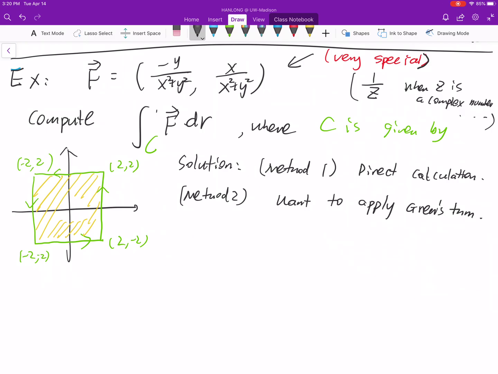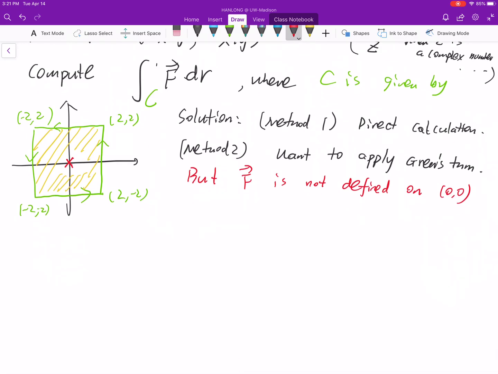But here you need to be very, very careful because the function f is not defined on 0, 0. This is a fact we proved before. We showed that the function is not continuous at origin. So this point has no definition.